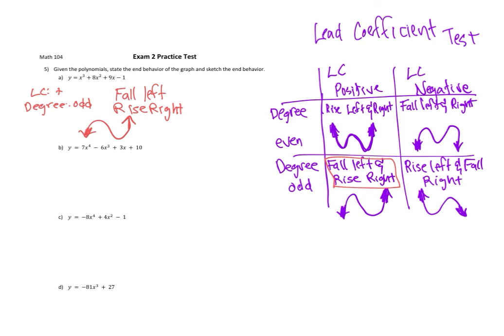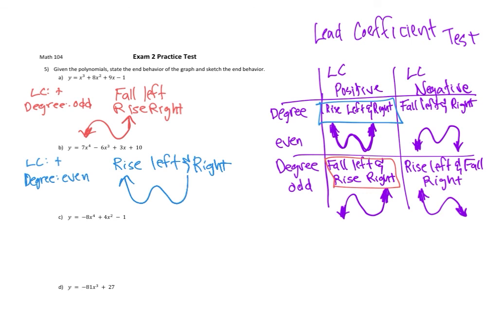Okay, B. I have a leading coefficient that is positive and a degree that is even. So positive and an even degree means that we are going to rise left and right. So our sketch will look something like this.